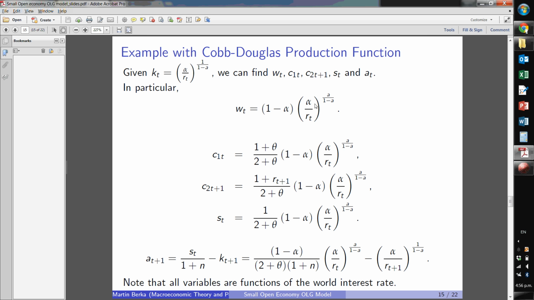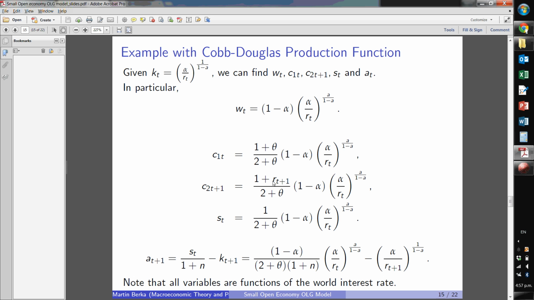I can just substitute, and we get wage is equal to 1 minus alpha times alpha over r raised to the power of alpha over 1 minus alpha. And I can similarly solve for consumption when young, consumption when old, and savings by substituting for wage from these equations a couple slides ago.